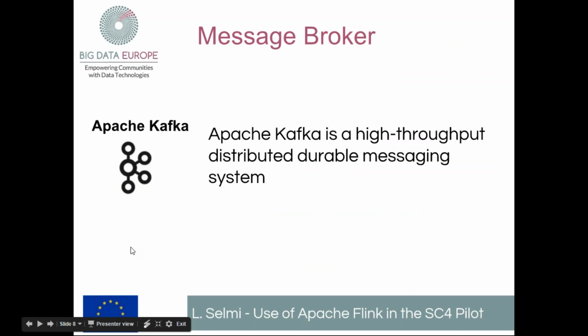So, talking about the real implementation of this component, we have chosen Kafka as the message broker. Kafka is a distributed message system that works like a log, in which every record is added one by one, and can then be consumed by other processes that are the consumers of a topic.